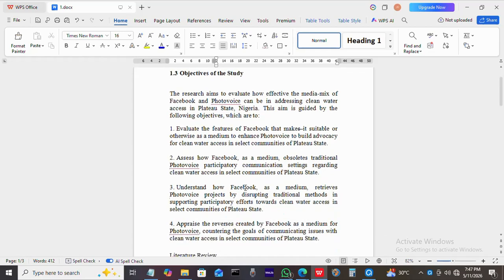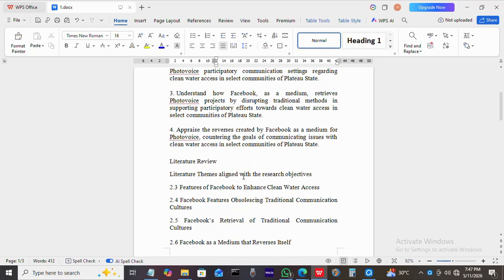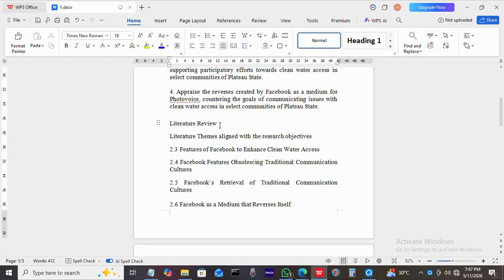Now, your objectives of the study also flow to your conceptual review. It also flows to the literature review and to some extent the empirical review of studies. So you have your four objectives. Then when you're putting out your literature review, the key thing is your literature themes, that is what you're going to develop.